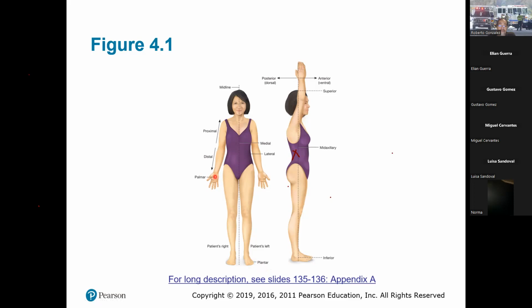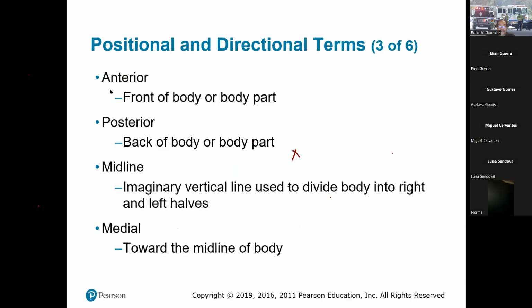I heard one medic telling that the person had gotten a cut in the palmar section, and everybody was looking at the hand itself, at the palm section of the hand, and they had actually gotten a cut on the plantar, not the palmar. So, yeah, it happens. Now, anterior is the front of the body or body part, posterior is the back of the body or body part.